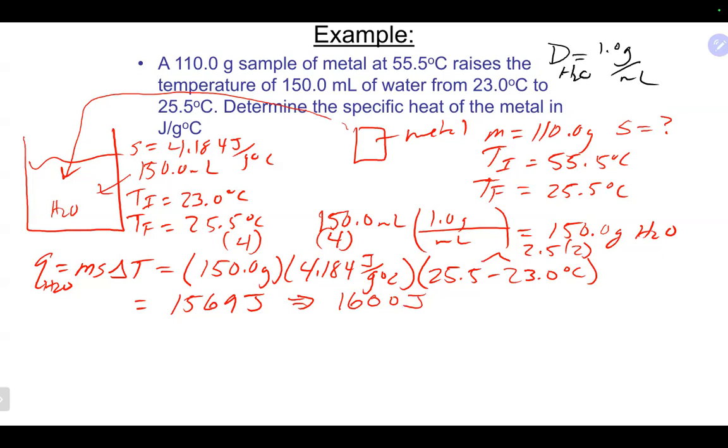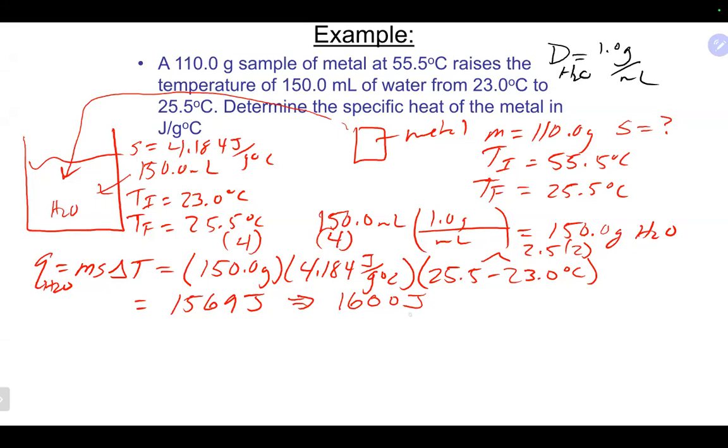That is the energy that was basically absorbed by the water, right? And that's why we see it is a positive value for the water. It's endothermic for the water, picking up all that energy. That number is really important because that also then tells us in terms of the metal how much energy was released, right?